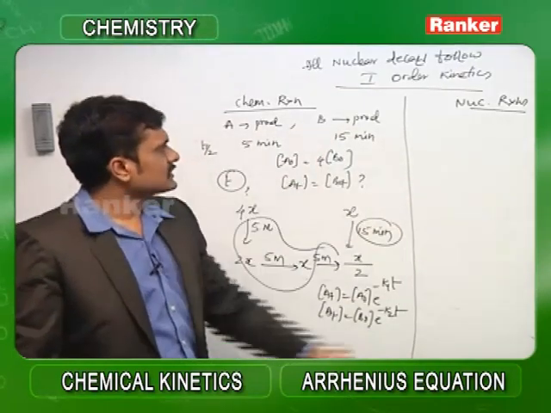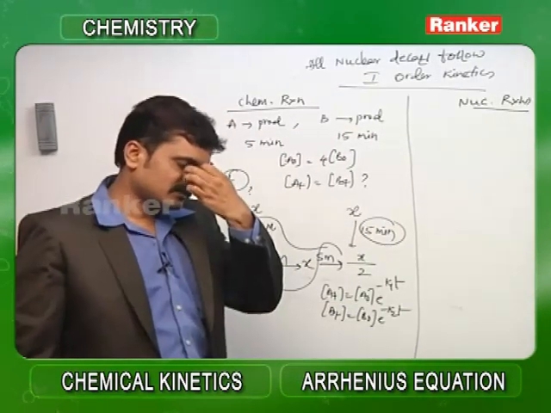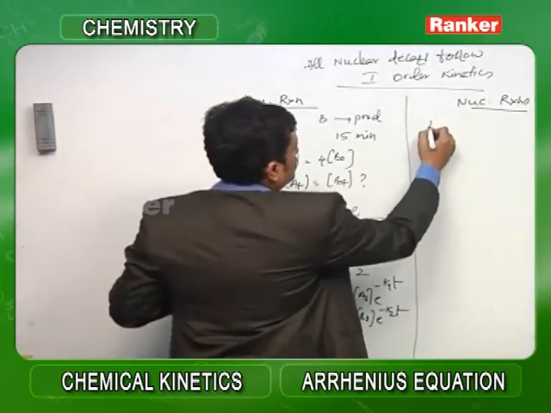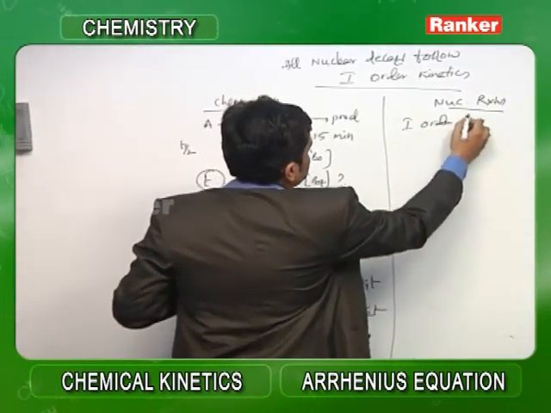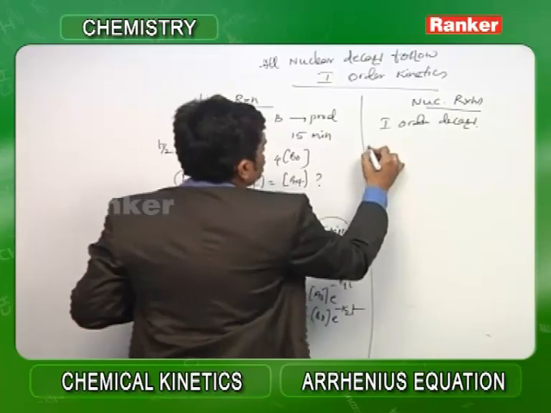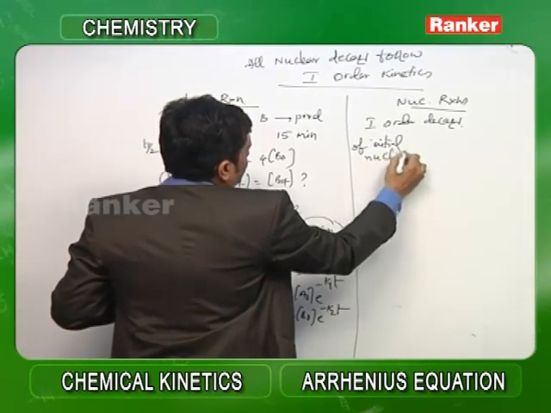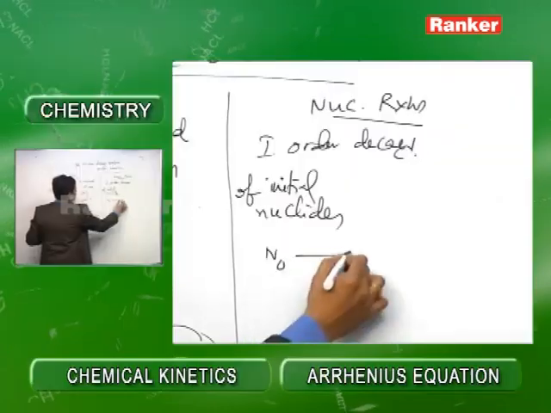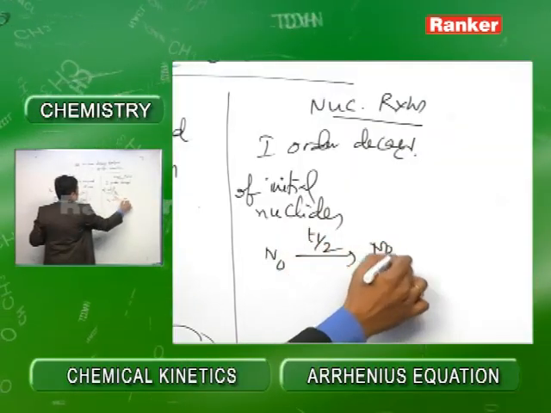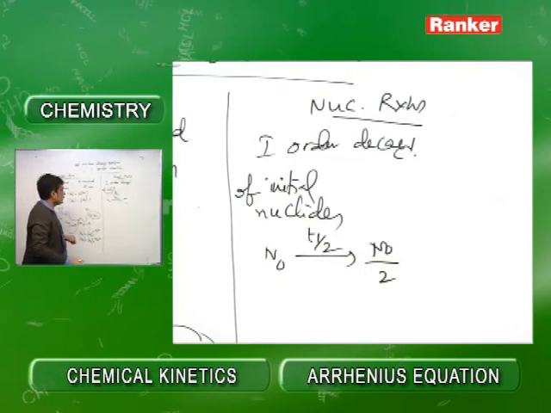Let me take another question which is asked in nuclear chemistry. As we know, for a first order decay, if the initial number of nuclides is N naught, after the first half-life it will become N naught by 2.